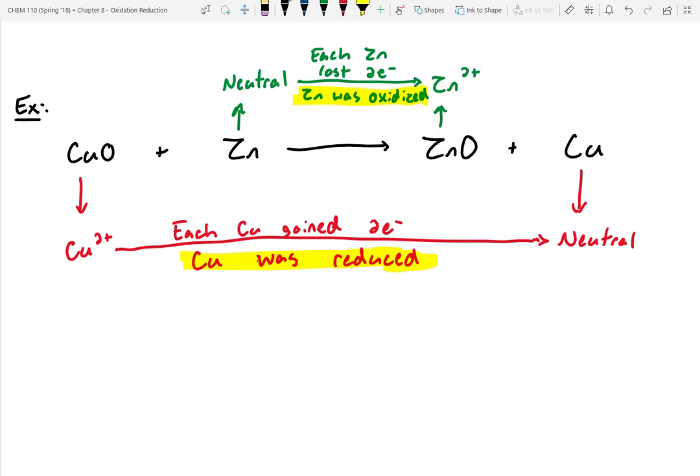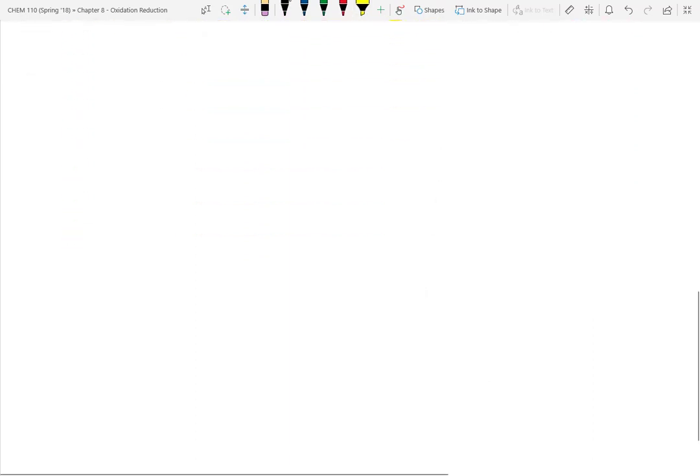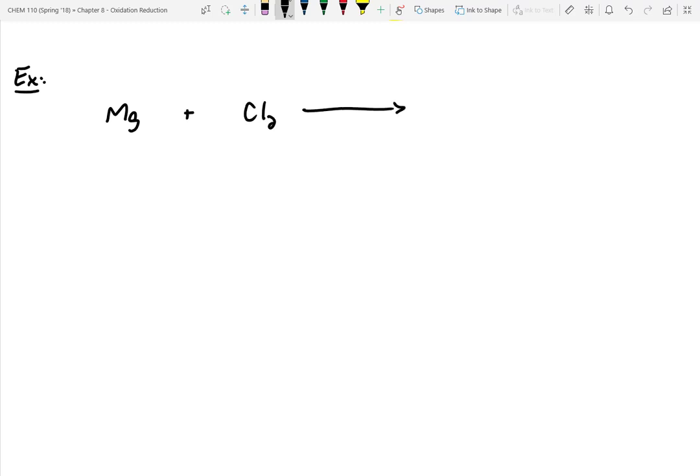And this time I want you to work with your partner or neighbor to see if you can figure these out. Let's do magnesium plus chlorine gas to give us magnesium chloride. This time we can't cheat and look at oxygens being gained or lost because there aren't any. And then we'll do a second one.